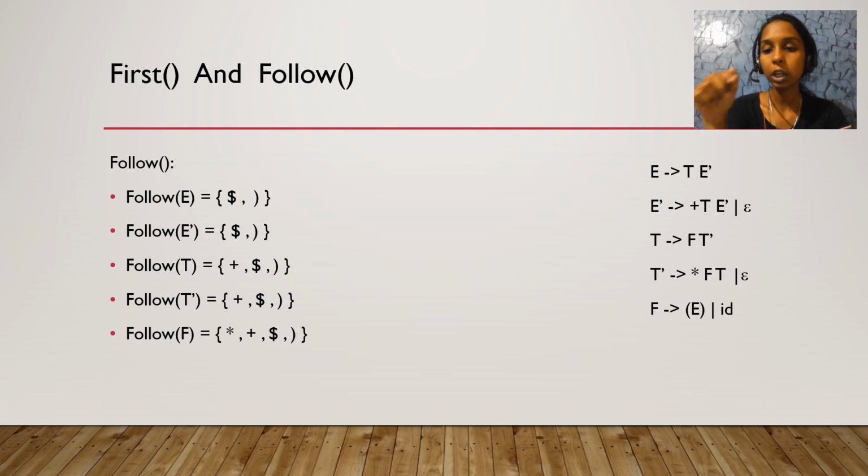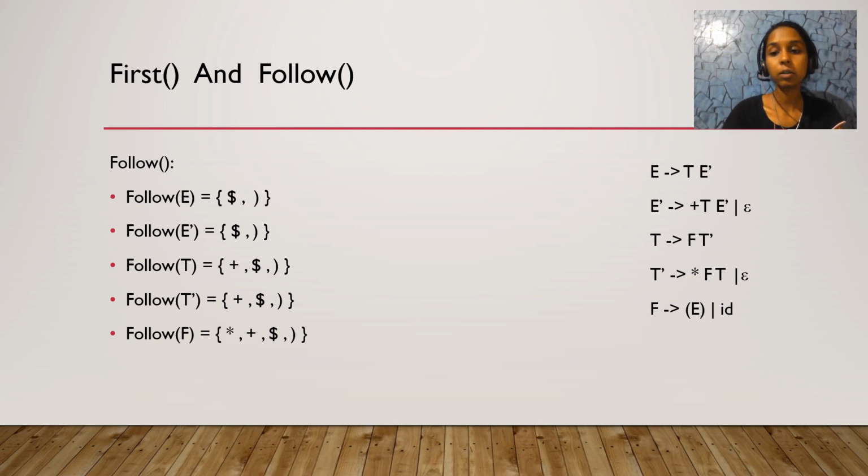And also we have to take the union. Do remember that. So follow of E dash will also include the second production, plus T E dash. This is of the form alpha B beta, so again you have to consider the first of E dash. First of E dash is plus and epsilon.